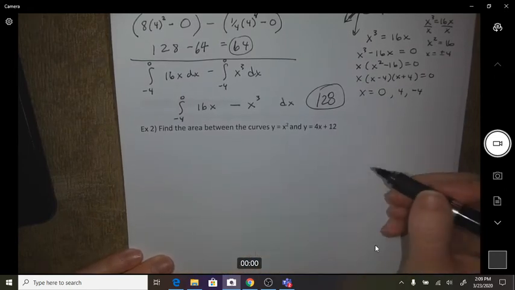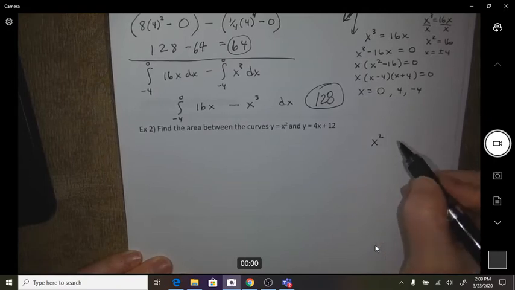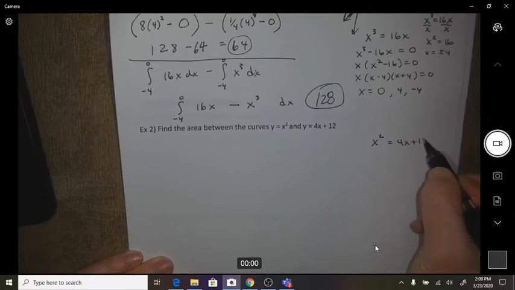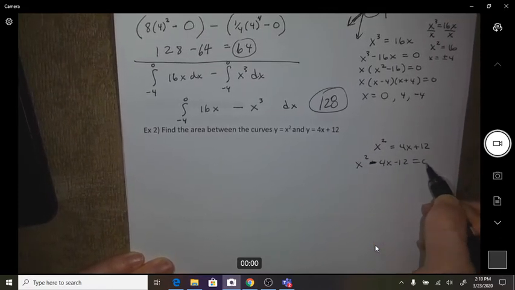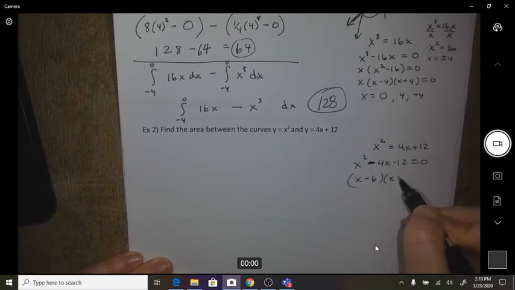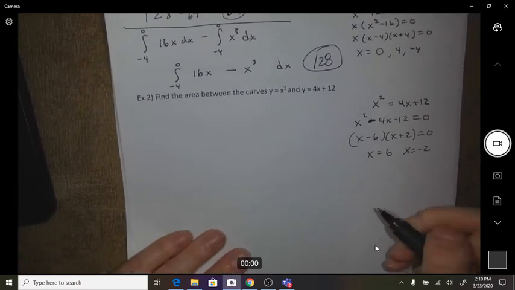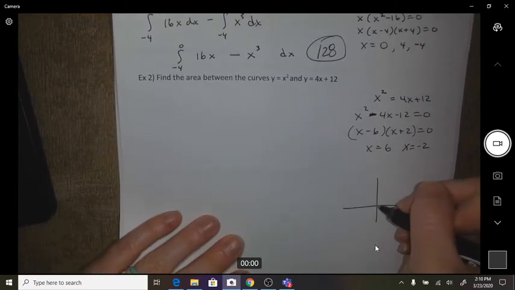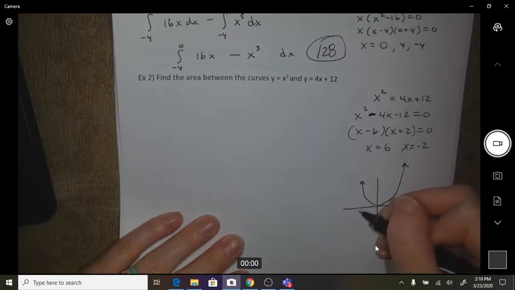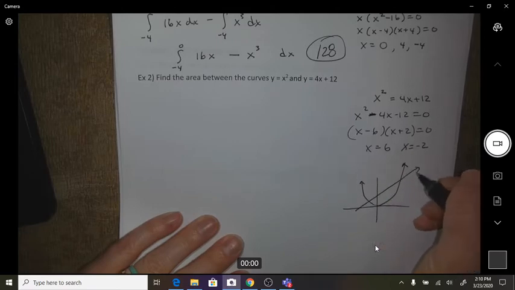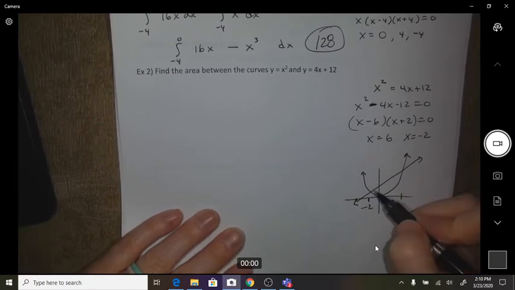The area between these curves and this line: so where does this curve equal this line? So I'm going to move everything over. I'm going to factor. So at 6 and at negative 2. So that's what's going on.